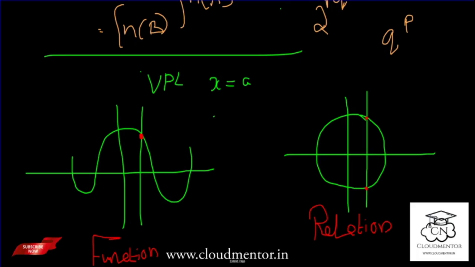So now let's talk about the domain, codomain, and range of a function. We talked about the domain, codomain, and range of a relation. Now we are talking about that of the function.